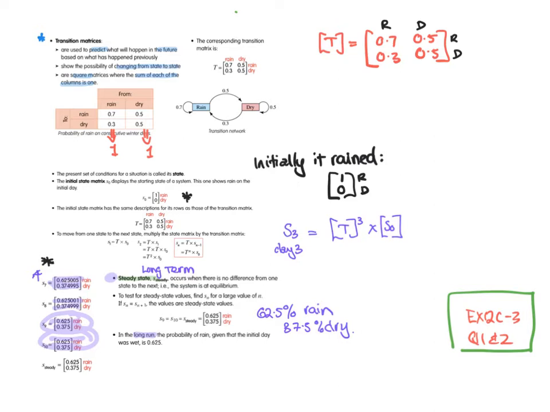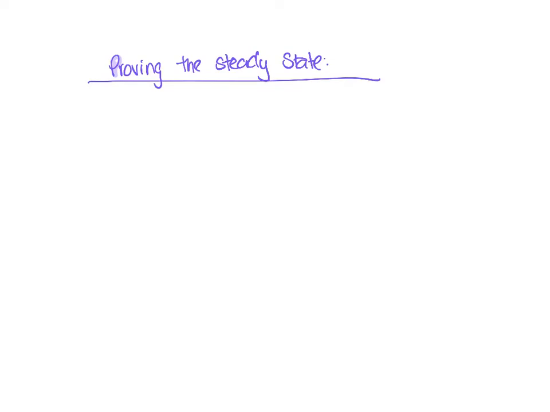All right, what we have to be careful of, and I'm just going to add a little page in here, is when we're proving the steady state. If they ask you to prove that a certain state is the steady state, in that example before I might have state 8, and I'm just making these numbers up, say 58 and 20.